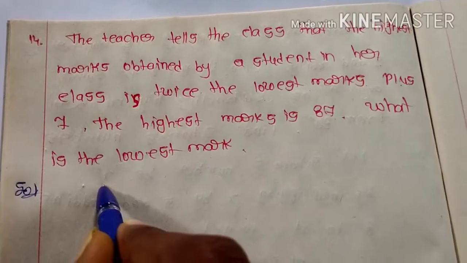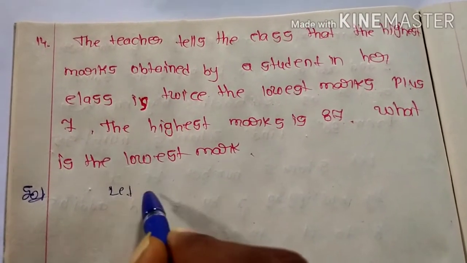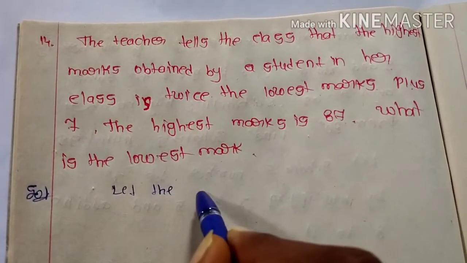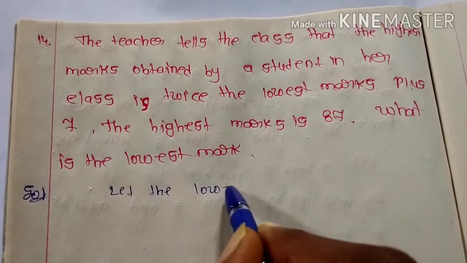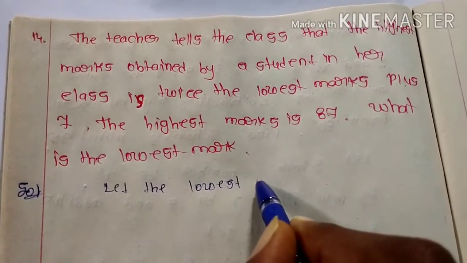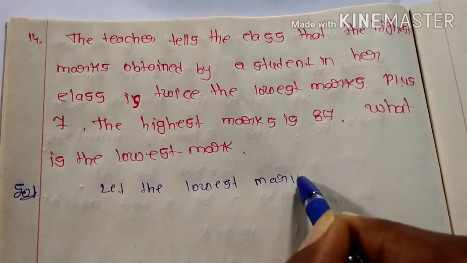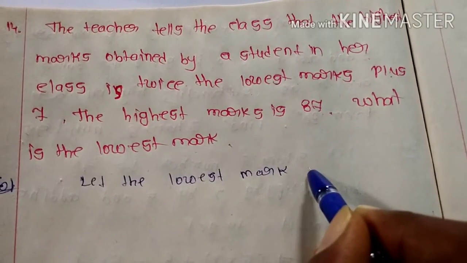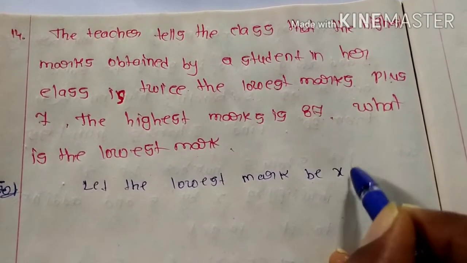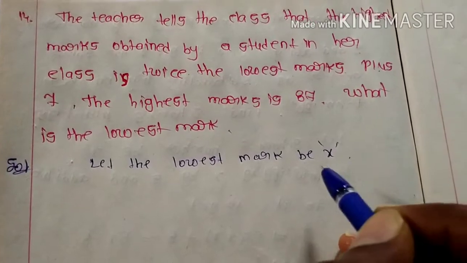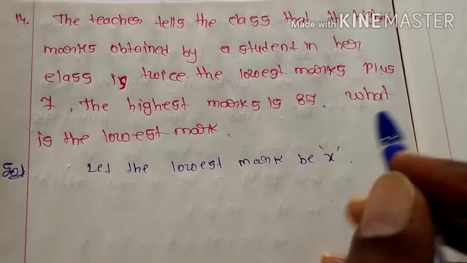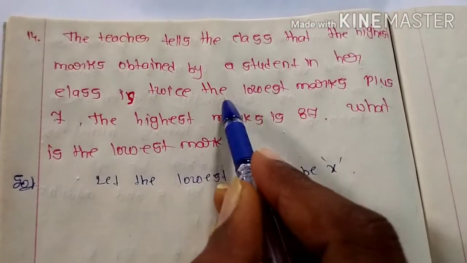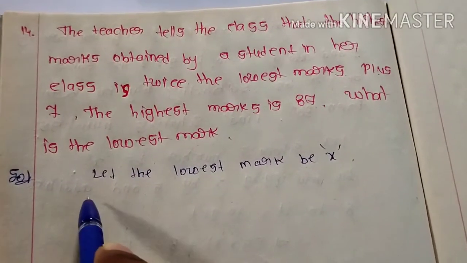See here. Let the lowest marks be x. I am taking let the lowest marks be x. Then see, twice the lowest marks plus 7.